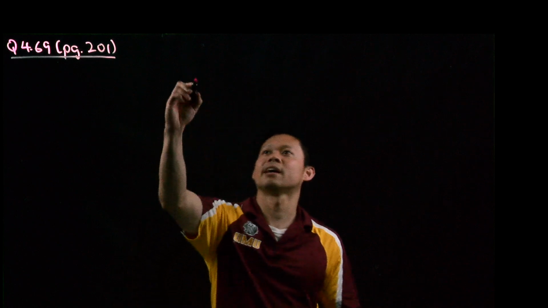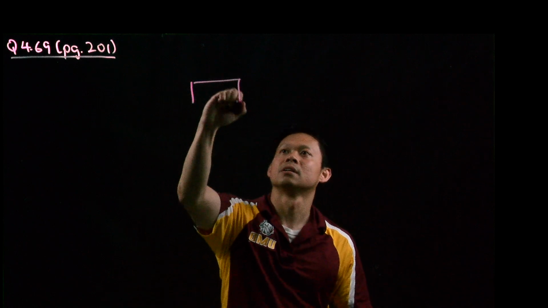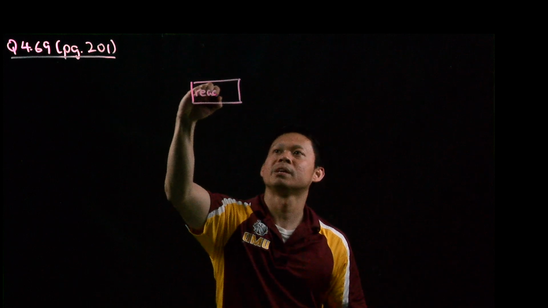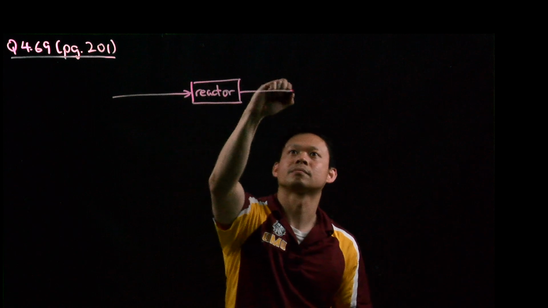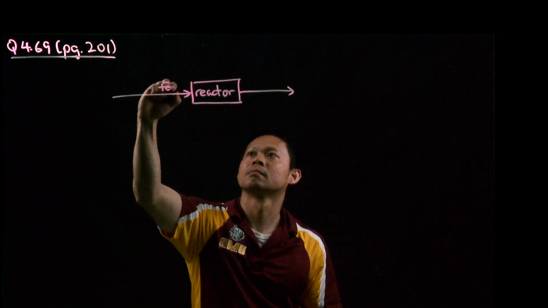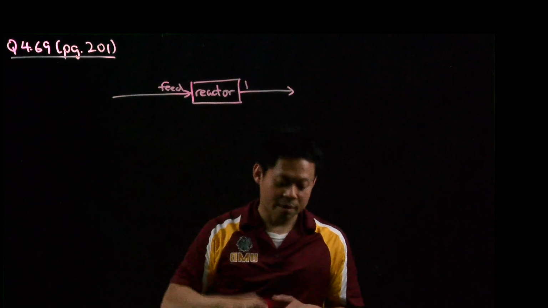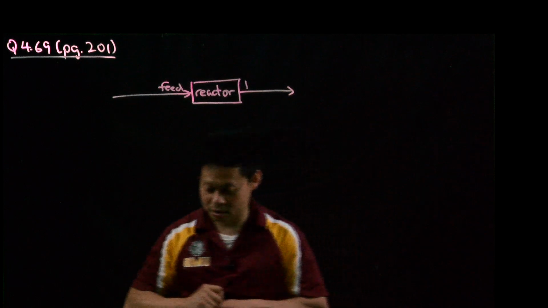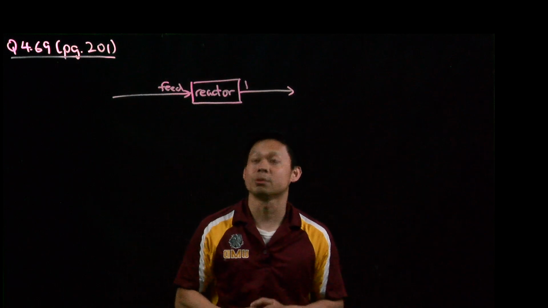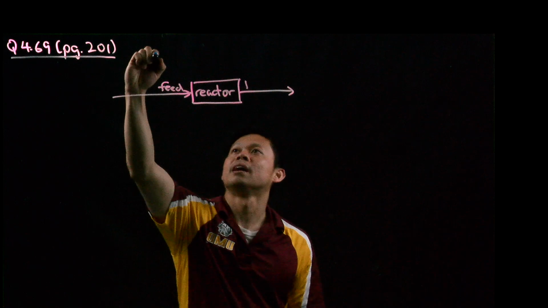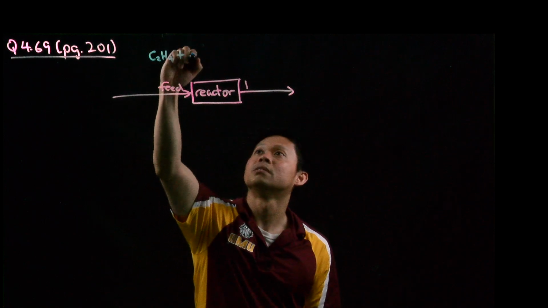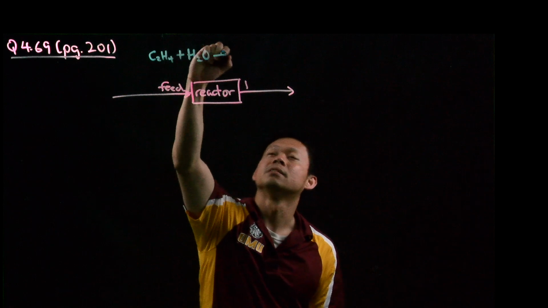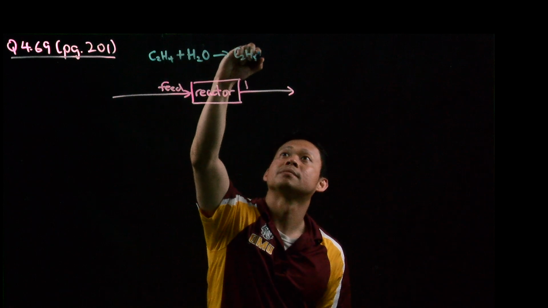We just have a single reactor, and we have an input stream and an output stream. I am going to write our chemical reaction equations at the top. So we have C2H4 plus H2O to give us our ethanol.